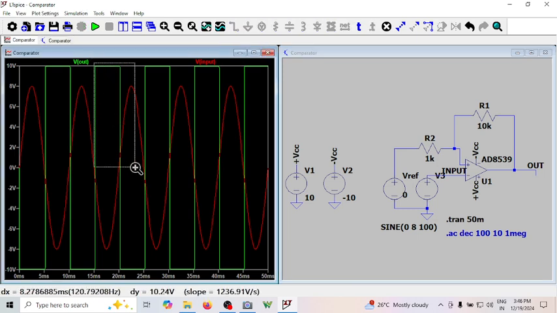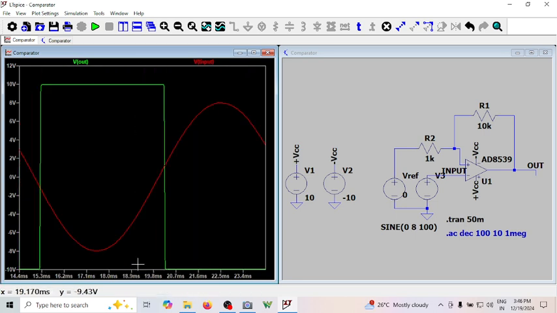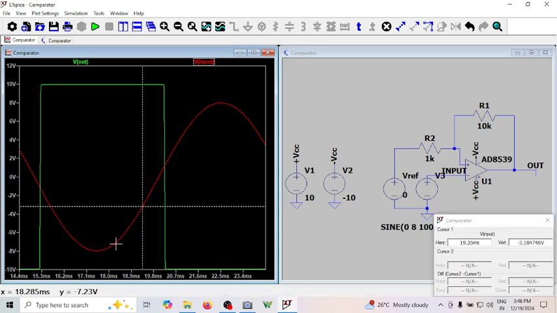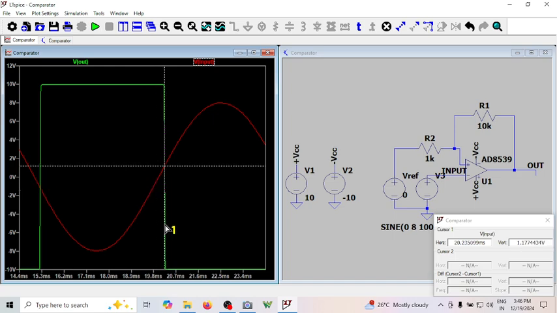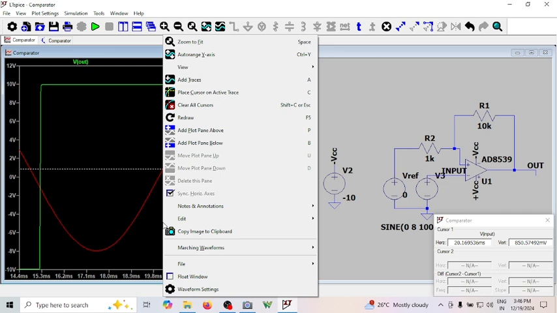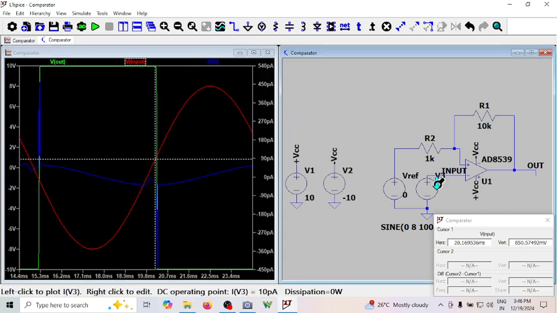For a value of R1 10k, R2 1k, V reference is 0. What is VTH? VTH is somewhere here approximately. It's 850 millivolt.